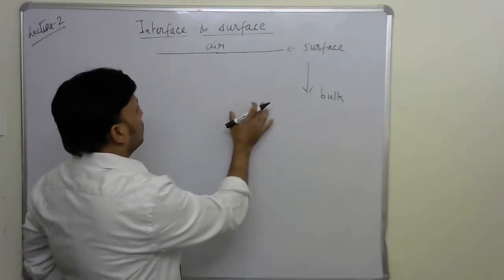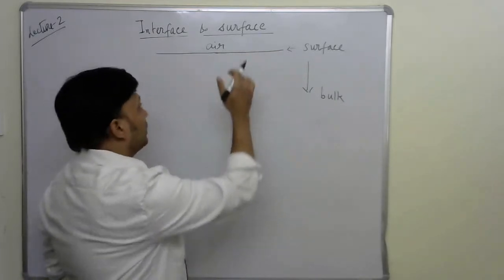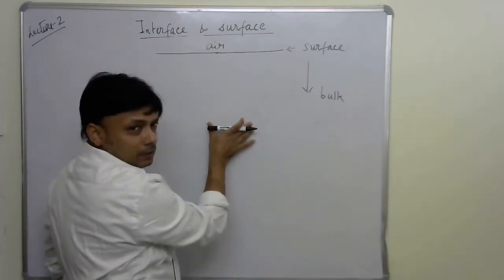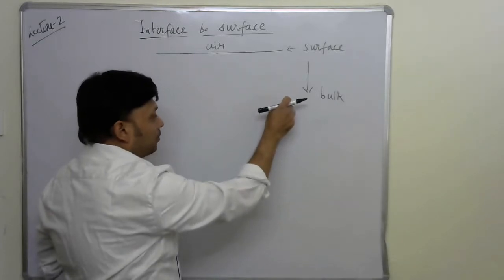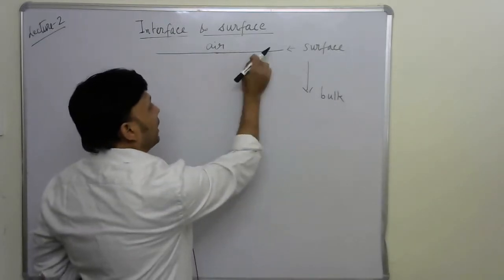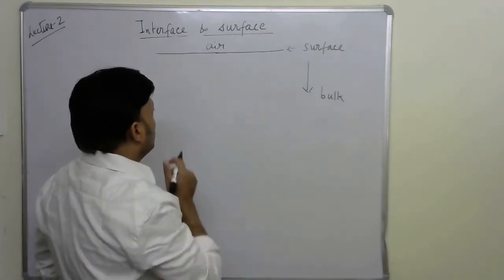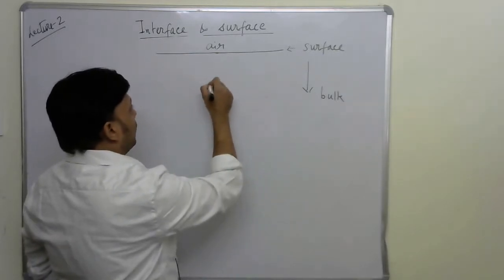This is the surface interfacing air, and this side is where our molecules are. As we go towards the bottom, there is the bulk, and as we move towards this line, that means we are going towards the surface. So let's think about any molecule here near the bulk.